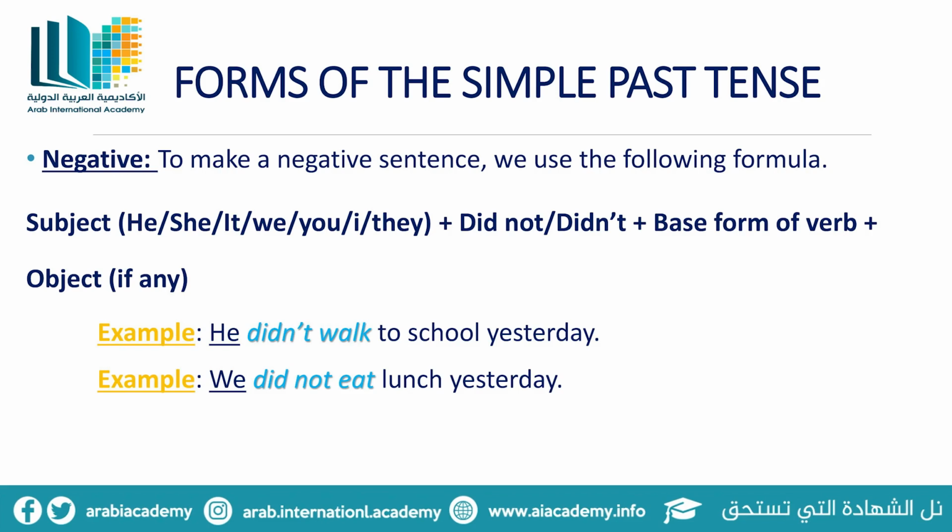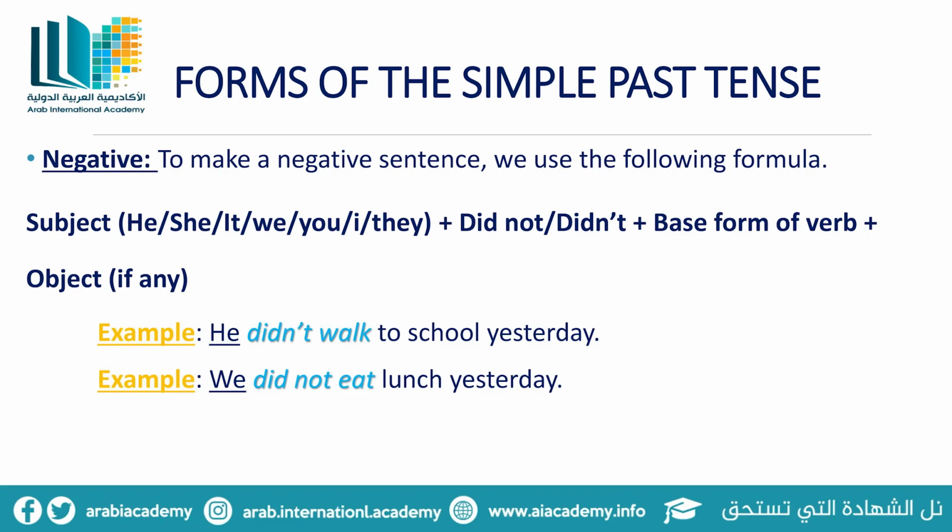For example, he did not walk to school yesterday. This action happened in the past because we have yesterday. And in order to make it a negative sentence, we have to add did not. Whether the subject is he, she, it, we, you, I, they, we add did not to all the subjects. So he did not walk to school yesterday.